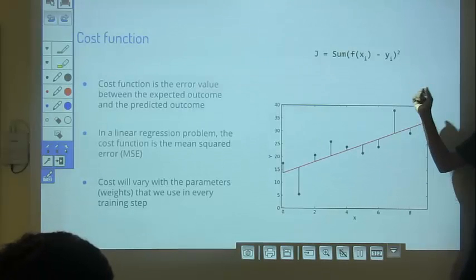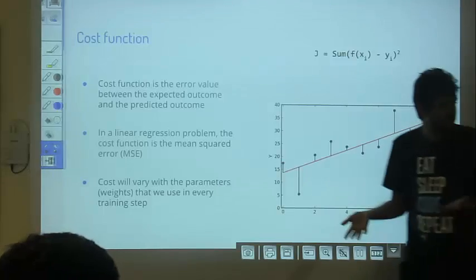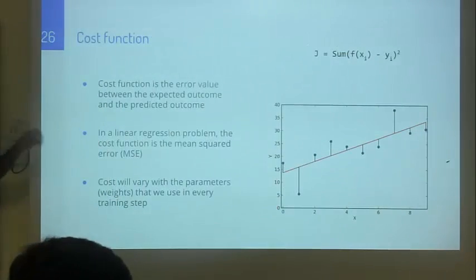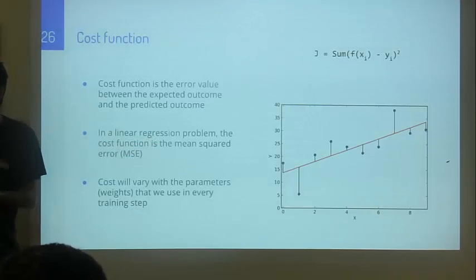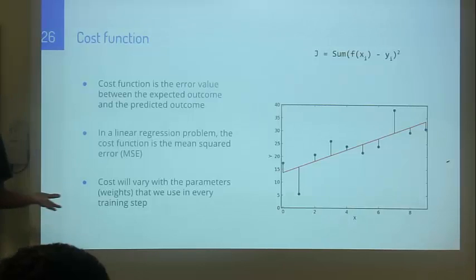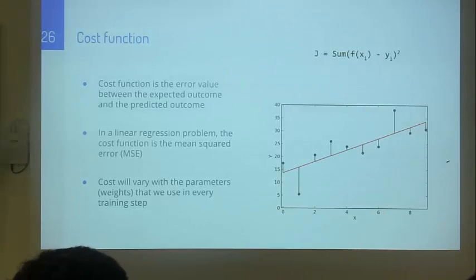Before we square it, we get the mean, which means we divide by the number of data points. If we have 10 data points, we divide by 10 and get the mean, and we square it. The squaring is done because of gradient descent, which I'll explain in later slides. But just remember that the cost function would look something like that.